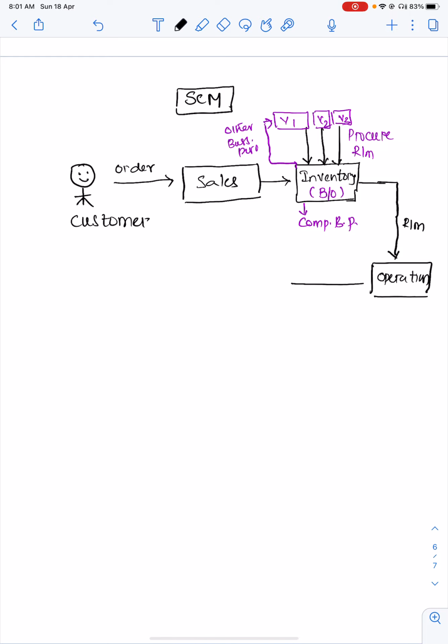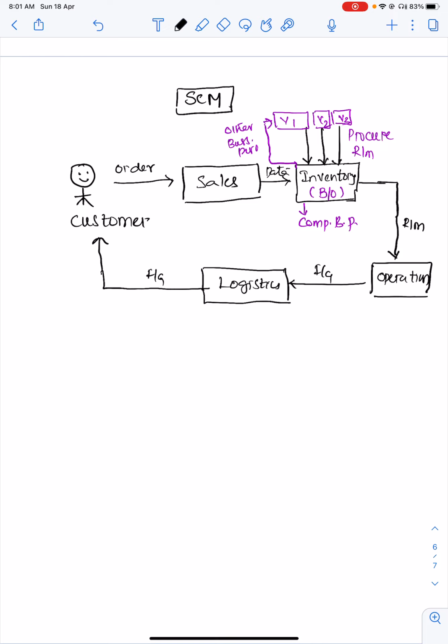From operations, we move to logistics, and from logistics to the customer. Here we have finished goods, raw material, and the order. Here we have data sent to inventory, such as how much the order is and other details.